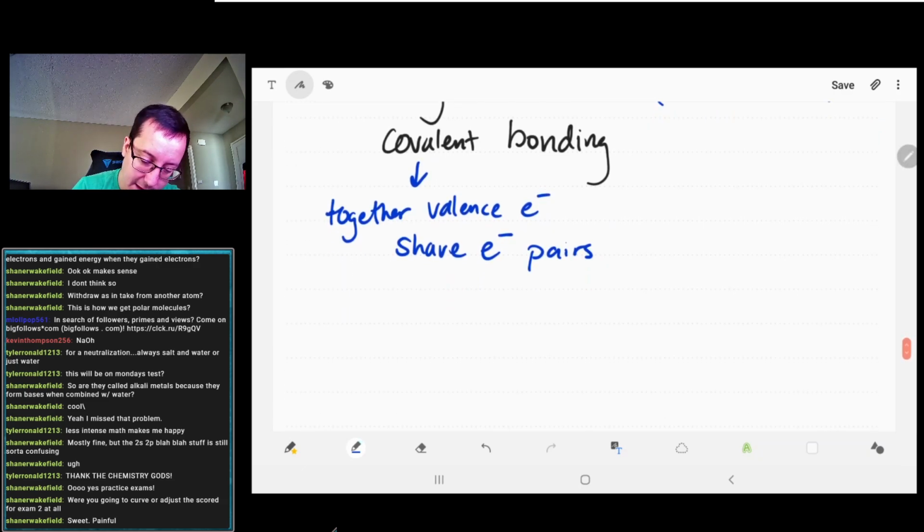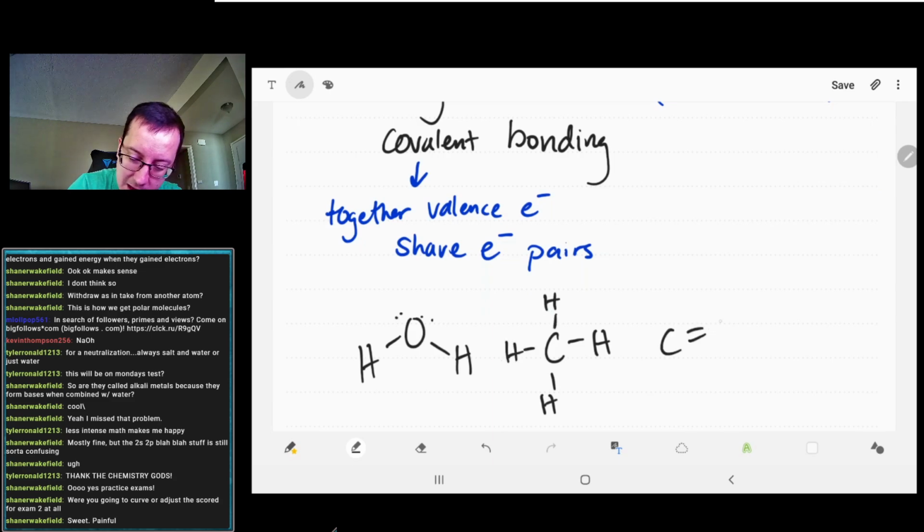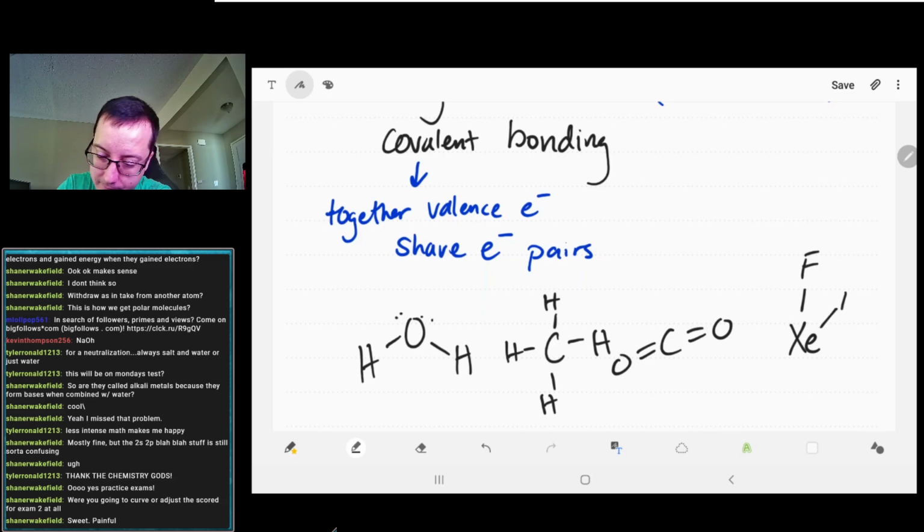We're going to see structures like this, and we're going to be able to come up with this structure, and this structure. We're going to have all sorts of fun structures to come up with, and all sorts of fun stuff that we're going to deal with.